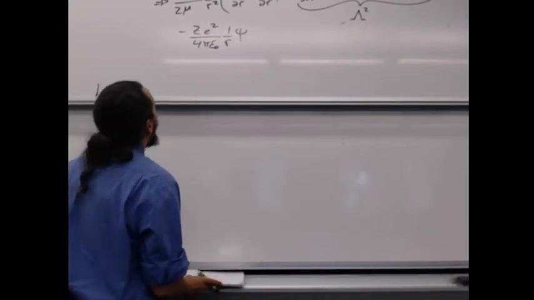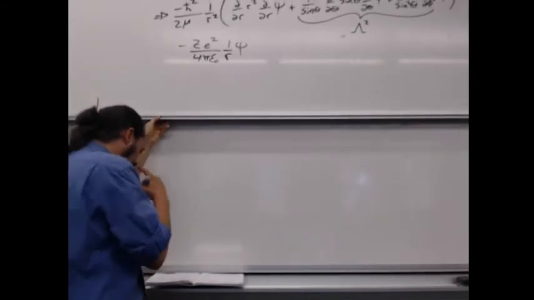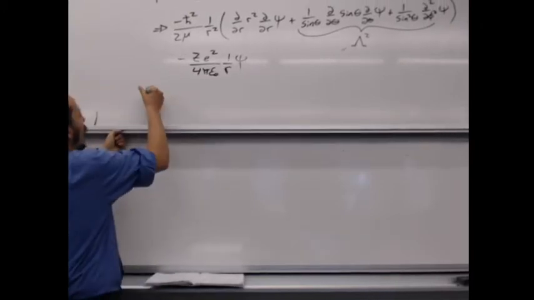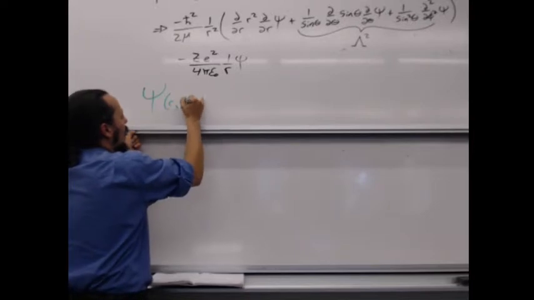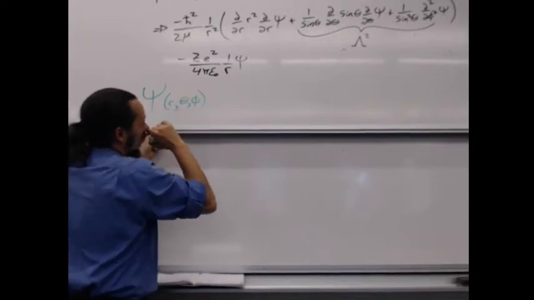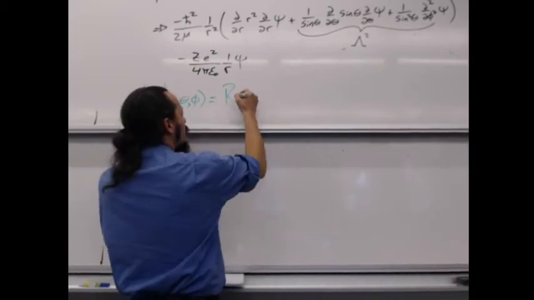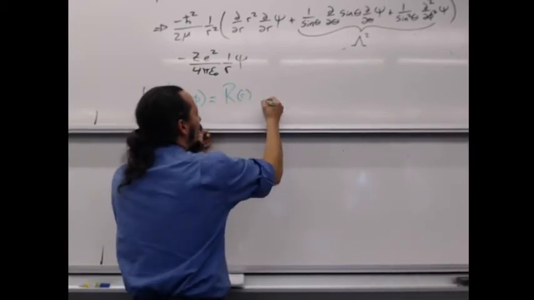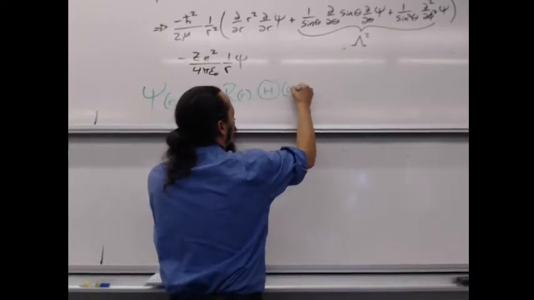So the way that we're going to think about this, or the way I like to think about it, and I hope this works for you as well, is we're going to define our psi of r, theta, and phi in terms of 3 parts. It's going to have some big function R that depends on r. It's going to have some function capital Theta that depends on theta.